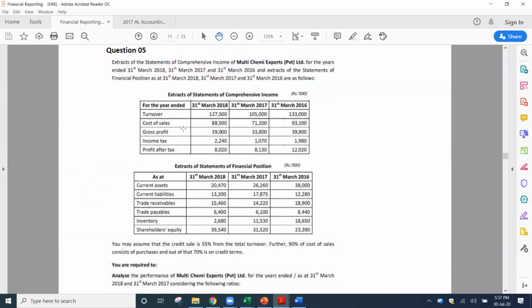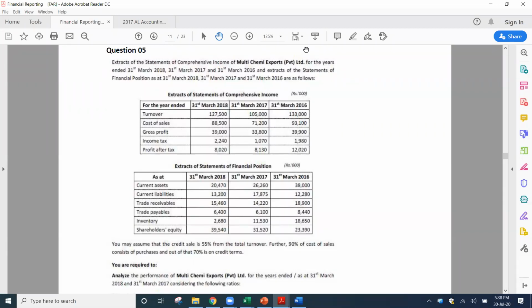So we have 3 years, 16, 17, 18. You may assume that the credit sales is 55% of the total turnover. Further, 90% of cost of sales consists of purchases, and out of that, 70% is on credit terms.